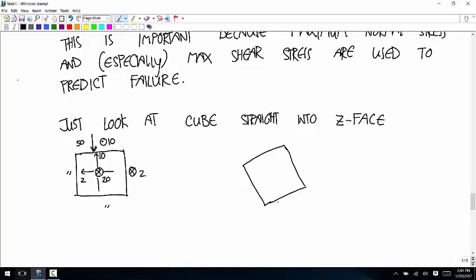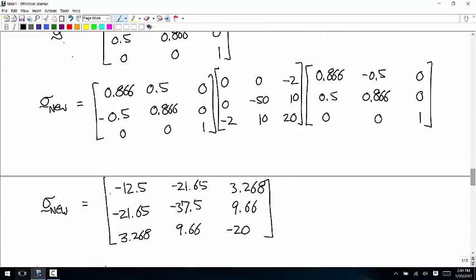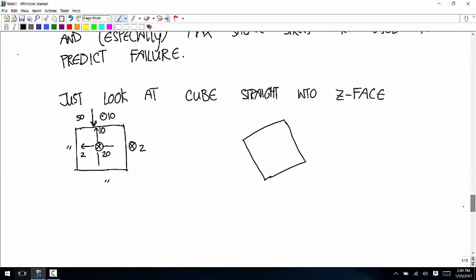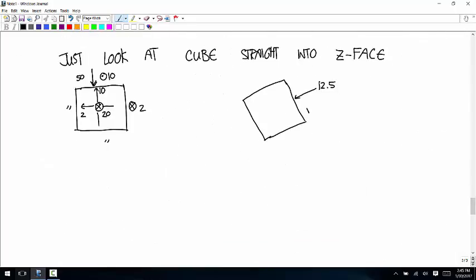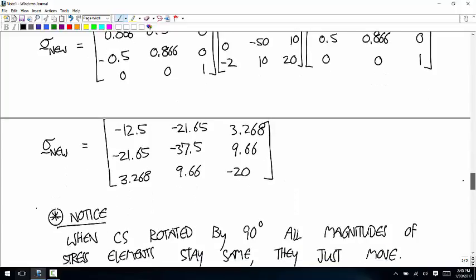And now that it's rotated, we have on the positive x face 12.5, negative 21.65, and positive 3.268.